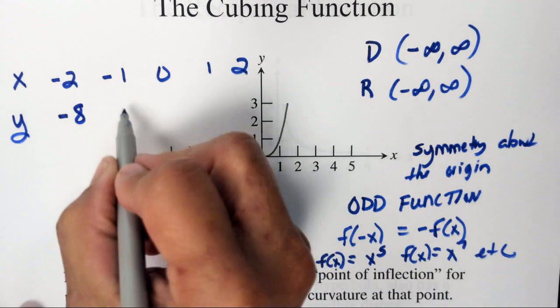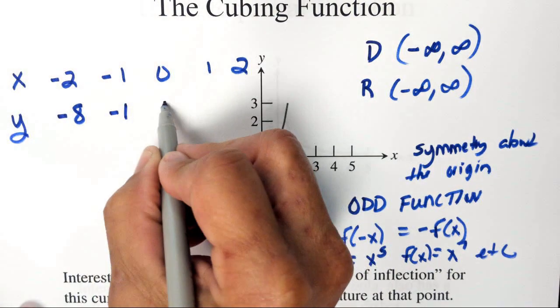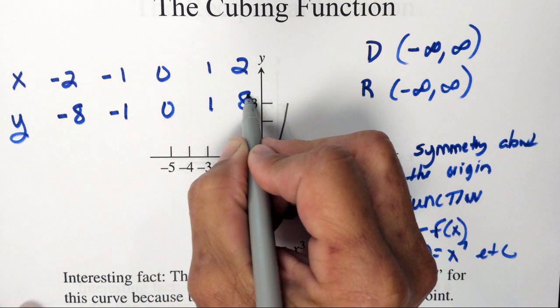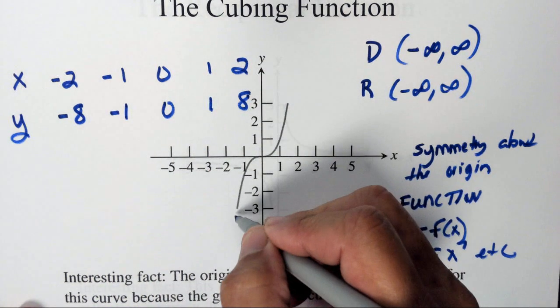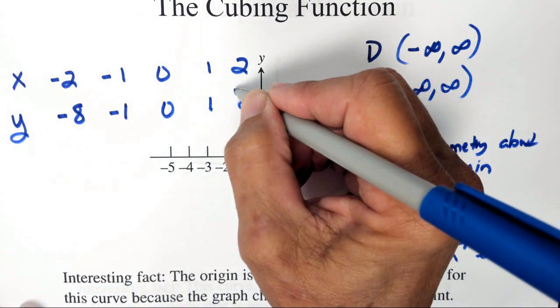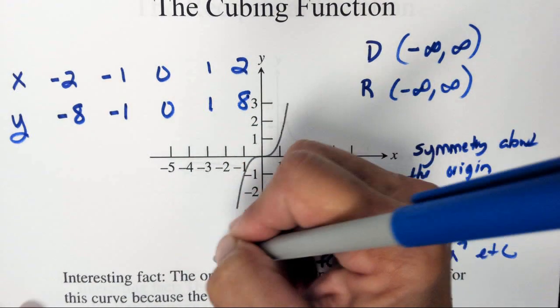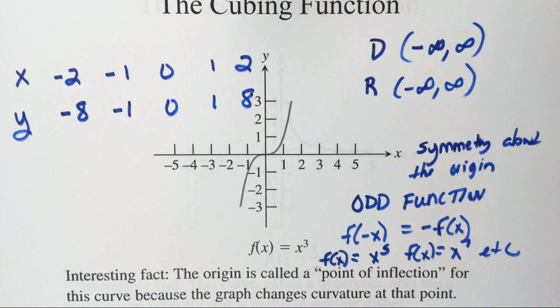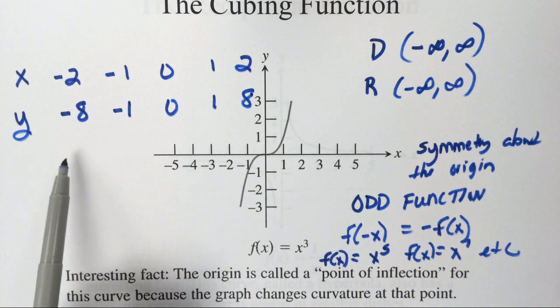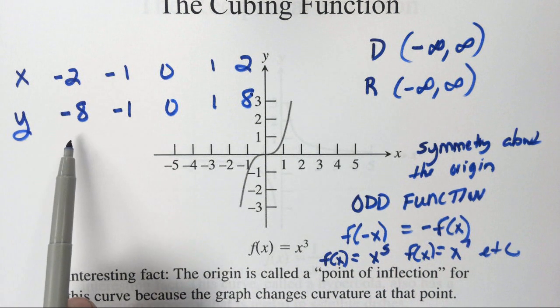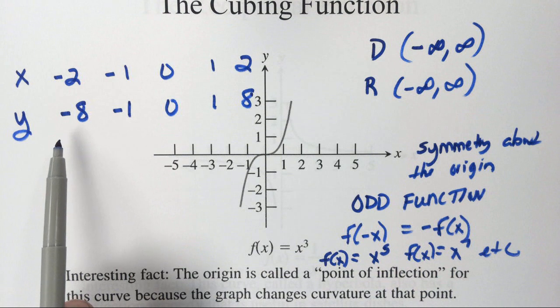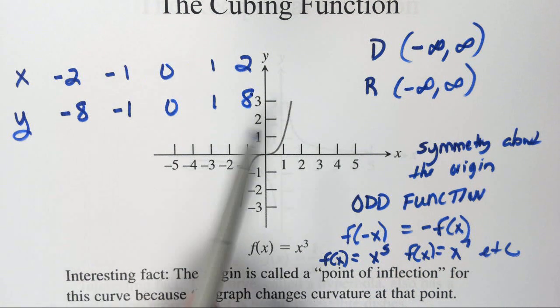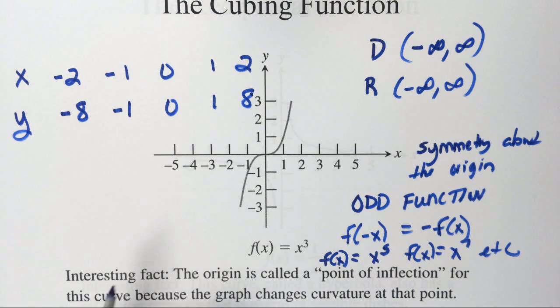Negative 8, negative 1, 0, 1, and 8, which is why this piece is down here instead of up there, okay? Instead of it being up there, you've got your negatives. So if I do x to the 5th, this would be a what? What's negative 2 five times? 32. So it'd be negative 32 and positive 32, okay?